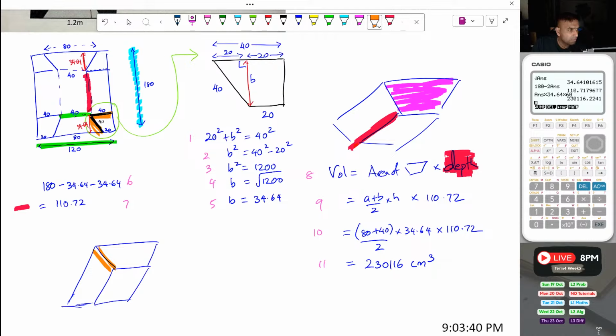Nah, they just ask for the volume of the container, so you can leave it in centimeter cube. You'll be fine. Yeah, I think that's the whole point of these types of questions, right? They try and make you think just a little bit extra. This was an excellent question, I believe, because I just had a quick look at the answer schedule. You can leave it in centimeter cube.